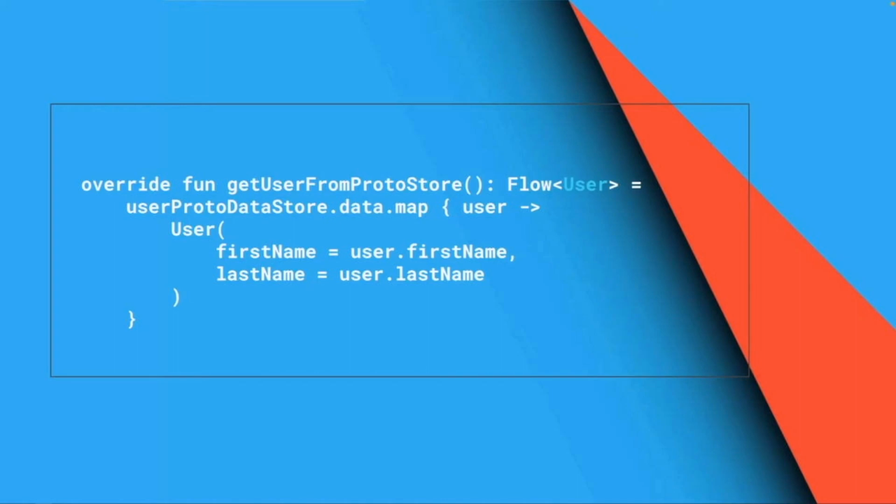The thing to note is that if you're storing small, simple data sets, which don't need a partial update or referential integrity, then Proto DataStore is an ideal solution, since we avoid the overhead of writing and maintaining a full-fledged SQLite-based database. But if it's a large and complex enough data set with needs for partial updates or relationships between tables, then Room is an ideal solution.